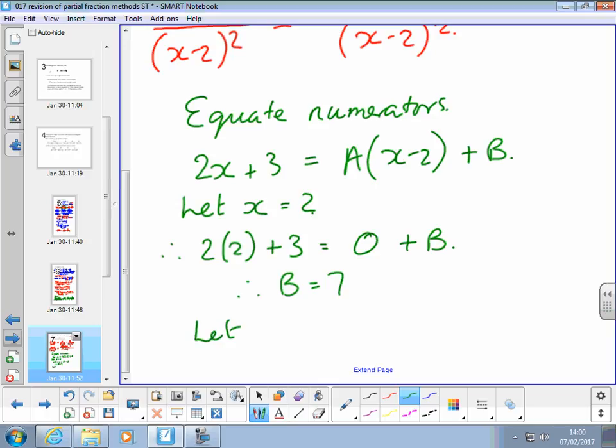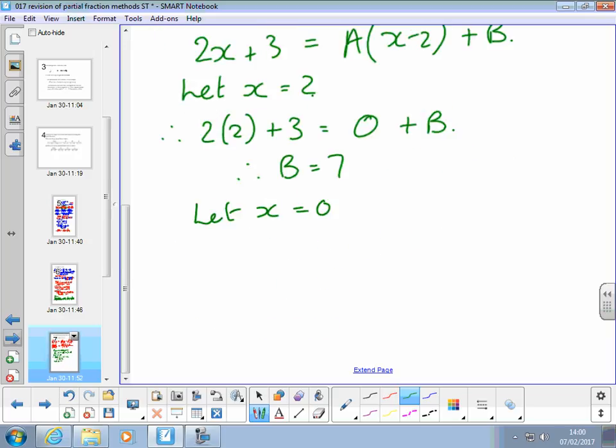Let x equal 0, which means 3 on that side is equal to A(0 − 2), so −2A, plus B, which is 7. So −4 is equal to −2A. A is equal to 2.